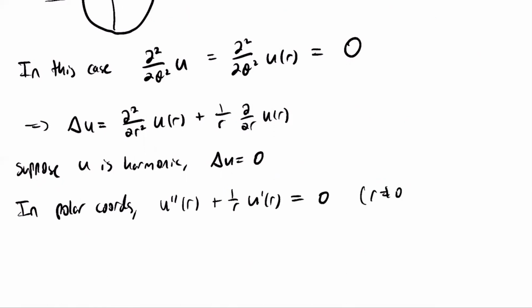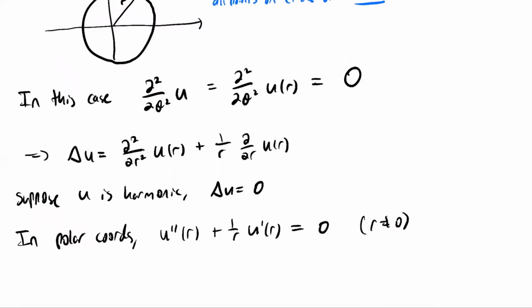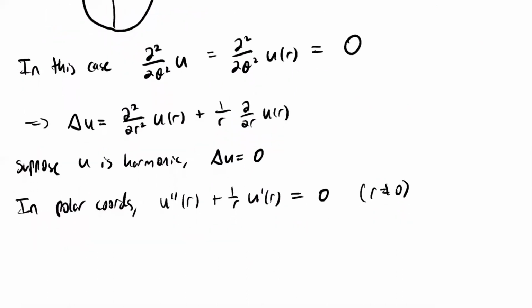Well, let's suppose r is not equal to 0, because if r is equal to 0, we're just at the origin, so let's exclude that point for now. I mean, this formula is really only valid when r is not equal to 0 anyway, because otherwise this would be infinite. So we can assume r is not equal to 0, otherwise the formula doesn't make sense.